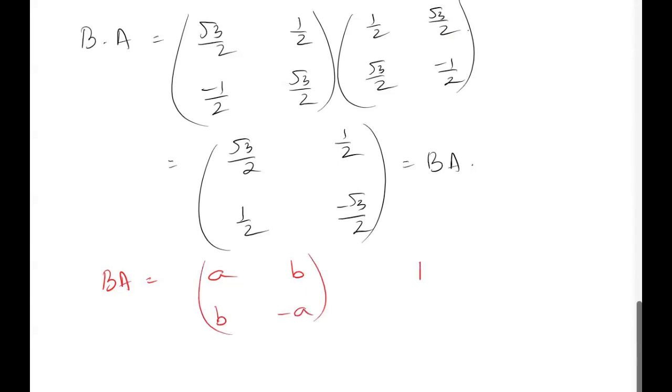Also, if I find the determinant of this composite matrix, I get minus 1. These two are the features of a reflection matrix. So BA, which is a composite matrix, is indeed in itself a reflection matrix.